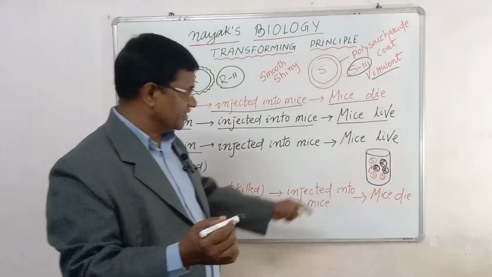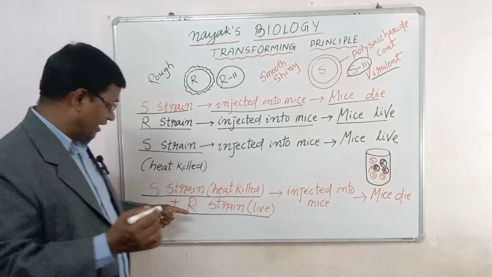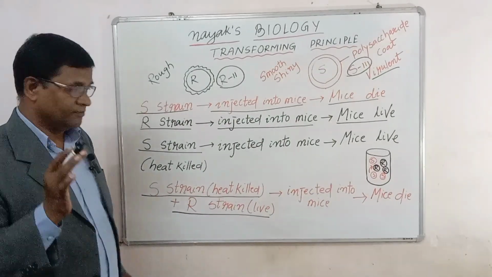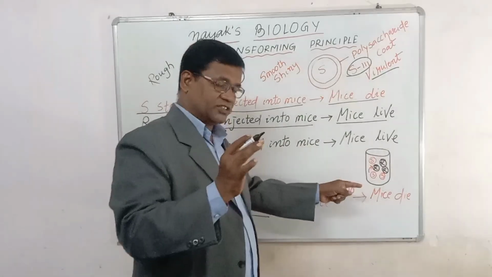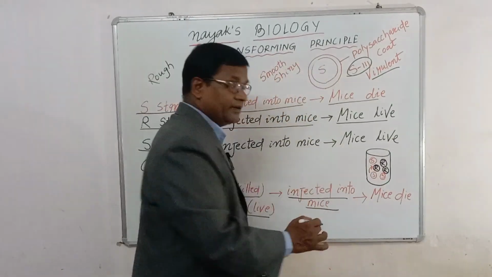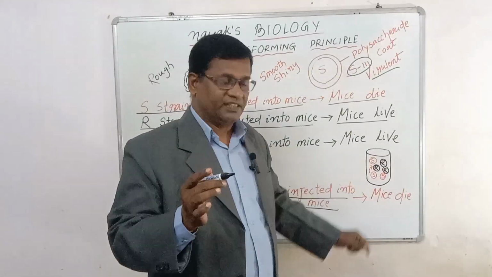The R strain is live and the S strain is killed by the heat. When he mixed them with each other and injected them into the mice, then what happened? The mice died.